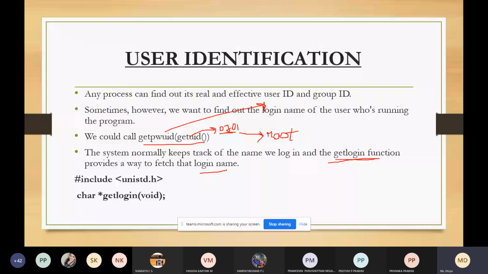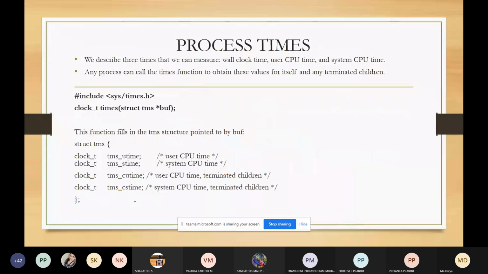Simply run this function and it will give you the login name, irrespective of how many login names there are. It returns a pointer to a string giving the login name if everything is okay, or a null value on error. So this is one function used for getting the login name.